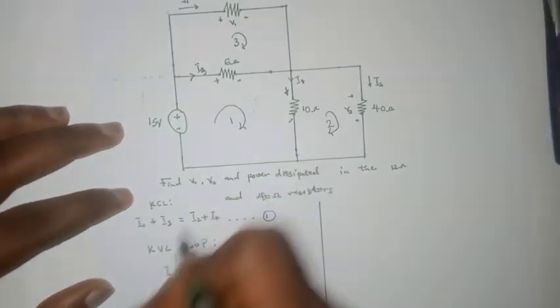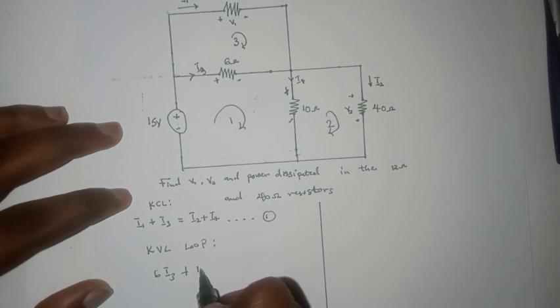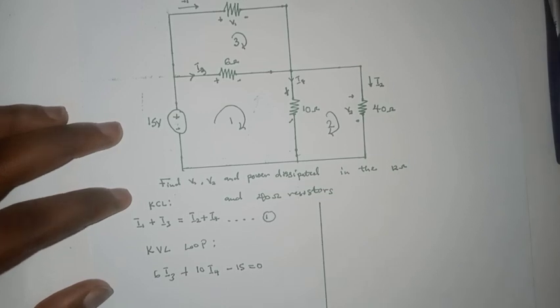6I3 plus 6I3 plus 10I4 minus 15 equals 0.